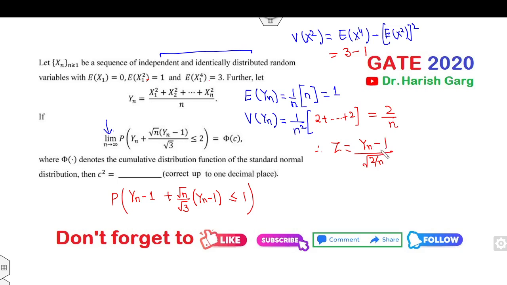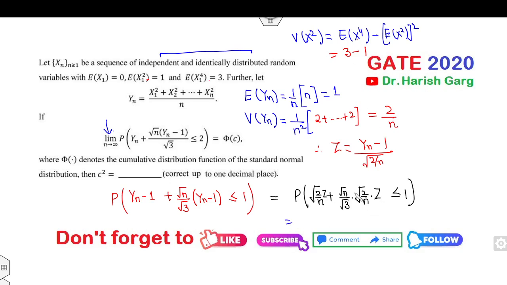Now I can write this value with root 2 over n plus root 2 over 3 into z. This is root n into root 3. Multiply and divide by root, z is less than or equal to 1.